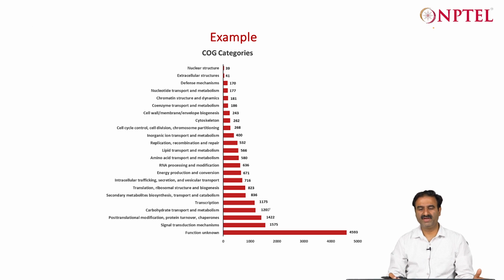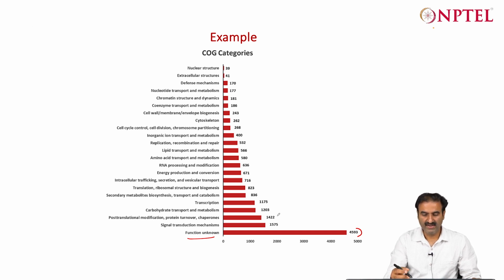For example, you can see that for a genome, a lot of functions were unknown. The most abundant functions were signal transduction and post translation modifications, and very rare, or fewer, functions were of cellular structure and defense.